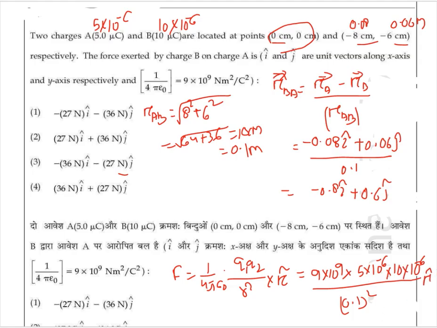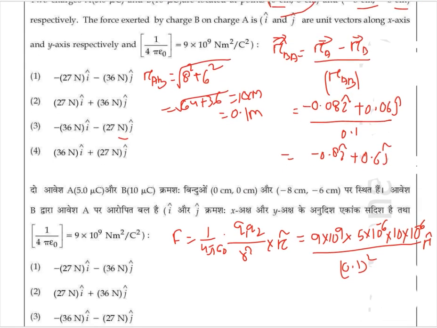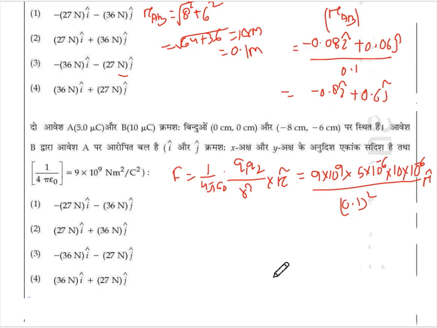So now, take some space. If I multiply all these factors, 5 into 10 is 50, into 9 is 450.